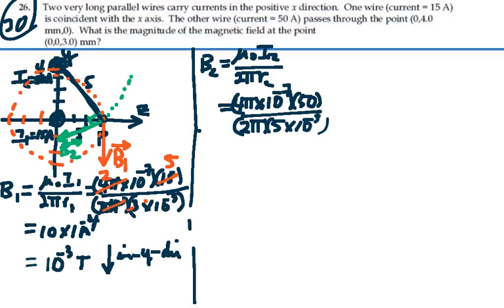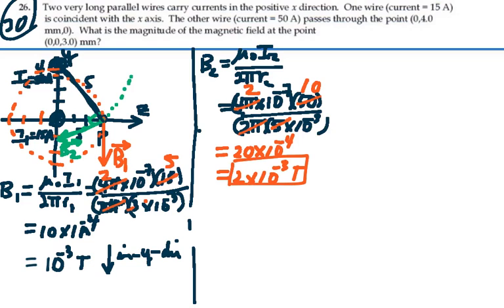The 4 pi divided by 2 pi is going to leave us 2 here. The 50 divided by 5 is going to leave us 10 here. So this is going to be 20 times 10 to the minus 4, or 2 times 10 to the minus 3 Tesla. And it's going off at an angle like this.